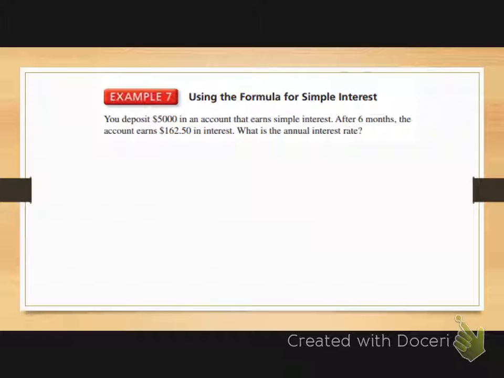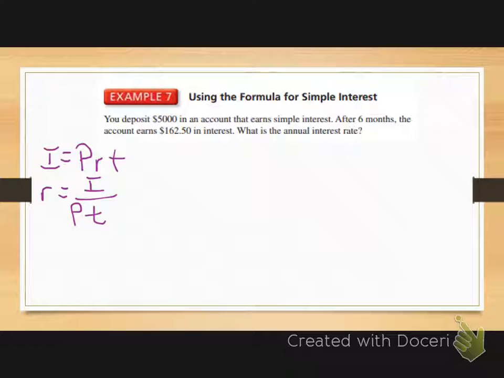So first off, we're going to start with our interest formula, I equals PRT. We want to find out what the annual interest rate is, so we need to solve for R. So R is going to be I divided by P and T.